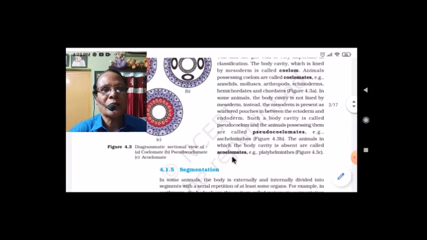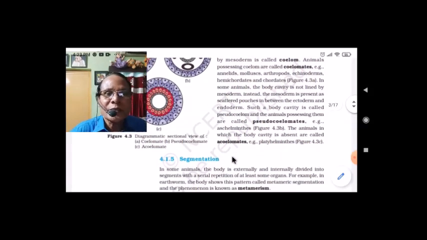Again, based on segmentation. In some animals, the body is divided linearly into many segments, and each segment has a representative part of all the systems, that is, a serial repetition of at least some organs.